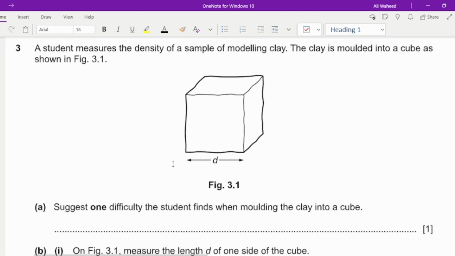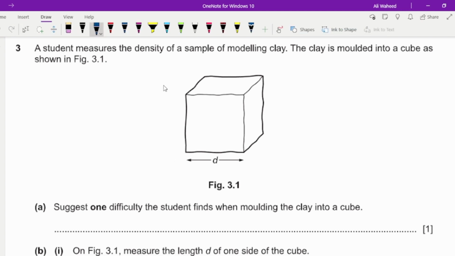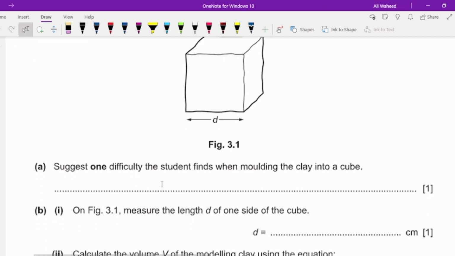So here we have a student who measures the density of a sample of modeling clay. The clay is molded into a cube as shown in figure 3.1. Part A suggests one difficulty the student finds when molding the clay into the cube.